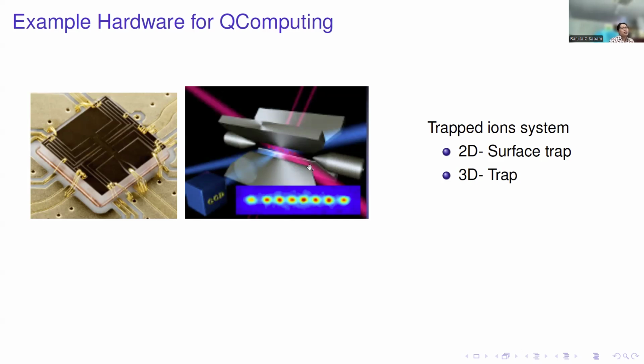Ions sit at the intersection of these electrode potentials and the laser lights. And this is an expanded view of the ions. You can see that the ions are confined in these three-dimensional potentials, and each ion will act as a qubit. As we will see later also, each atom will act as a qubit, and we will implement the gates on them.